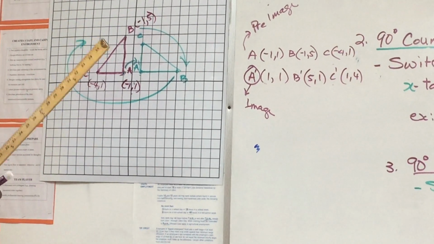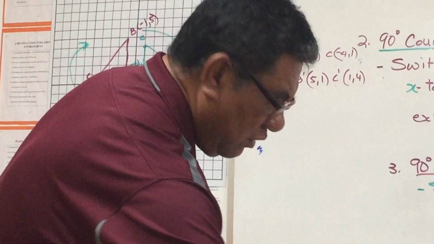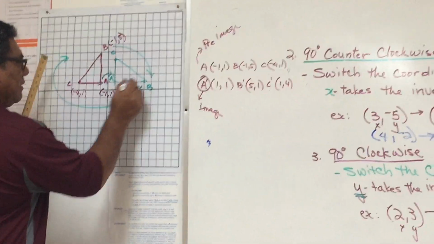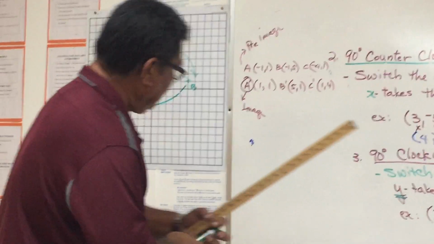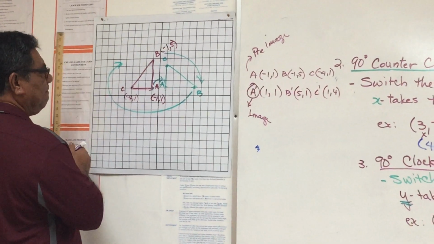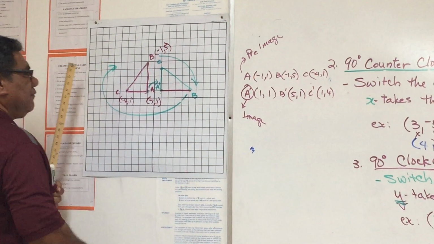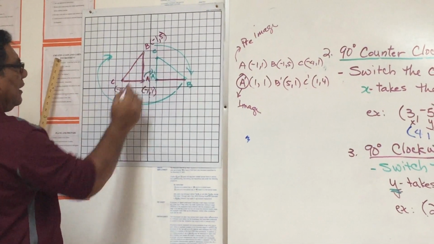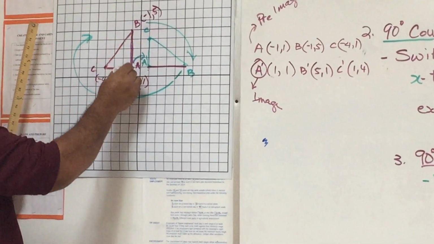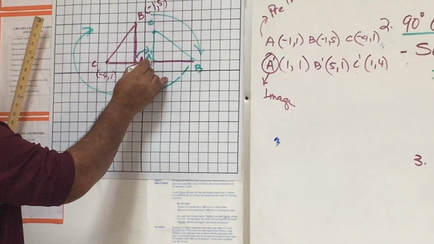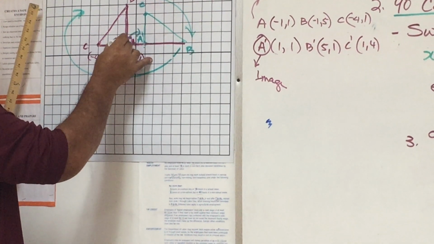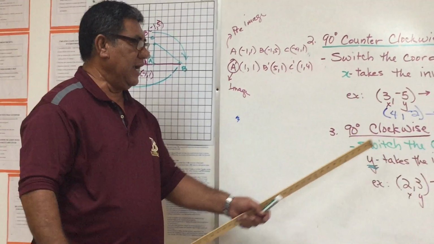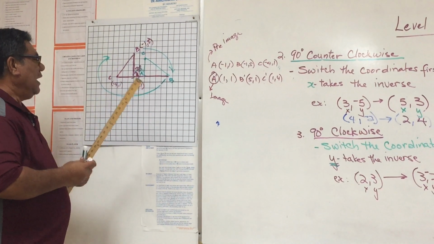It's 90 degrees because if we take A and A prime, and take those two lines and continue them, then it's going to make a 90 degrees angle, and therefore that's a 90 degrees. That's why we call it a 90 degrees clockwise rotation.